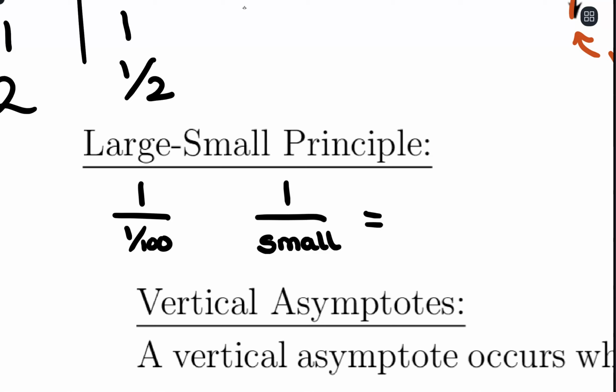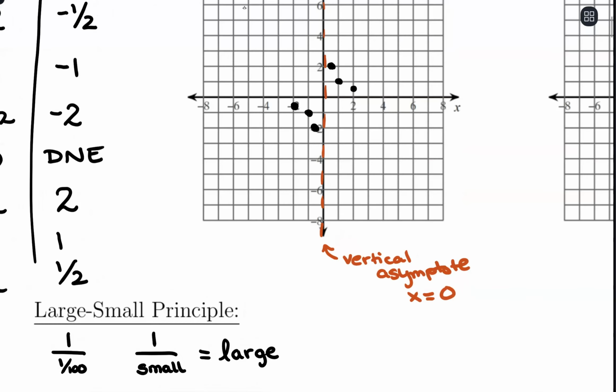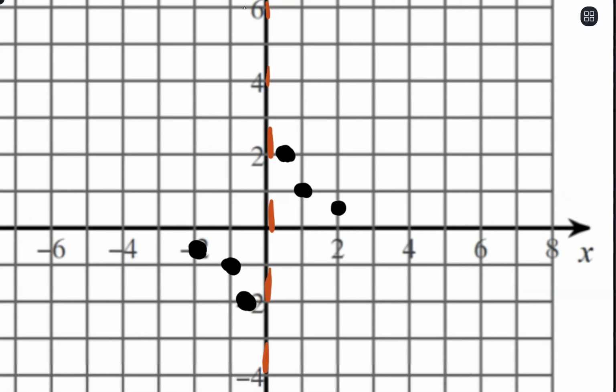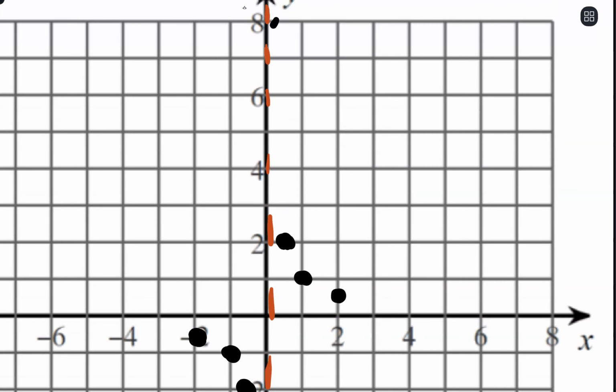The output that we get is something very large because of this reciprocal relationship. So if I'm focusing close to x equals 0 on this right hand side, we're going up and off to positive infinity there.